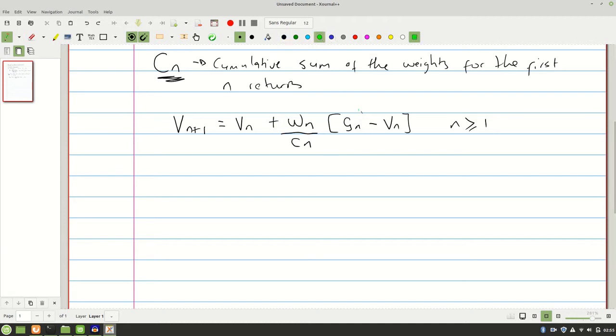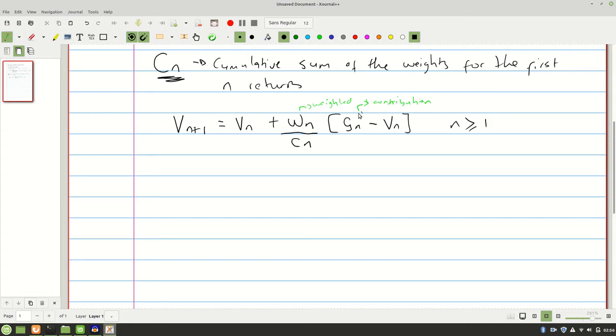I can denote this as the contribution that this Gn has, the difference between it and the Vn, and this is the weight. So we end up having some weighted contribution of this new value being added to Vn. This is just a loose definition, of course.